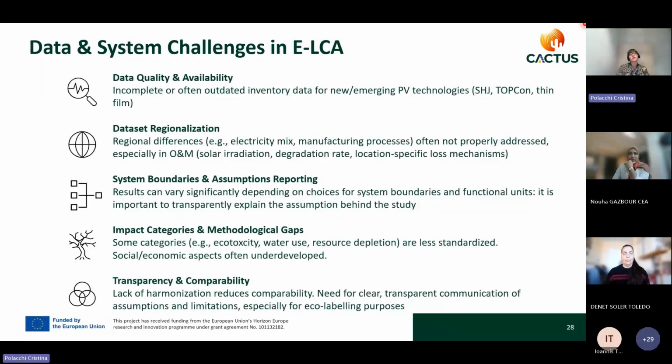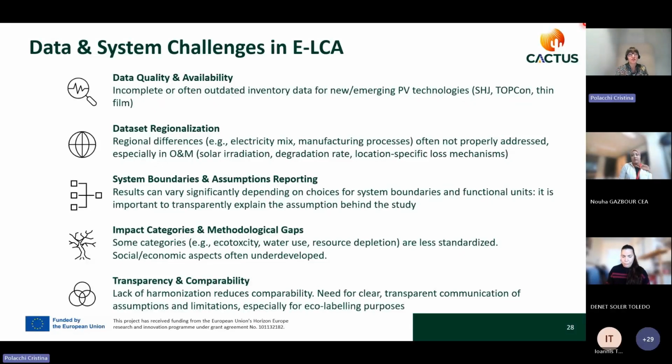What emerged from this project and the other projects where we worked on this topic is that the main challenges are related to data quality and availability, because sometimes inventories that we use for these analyses are incomplete or outdated and are not representative of current market technologies. Also, one of the main challenges is the regionalization of the data set. That sometimes is not properly addressed, and global data are used for simplification, but this might have a big influence on the analysis, as we will see later.